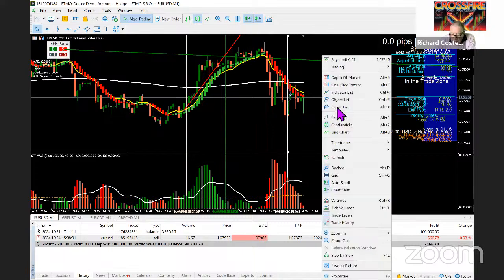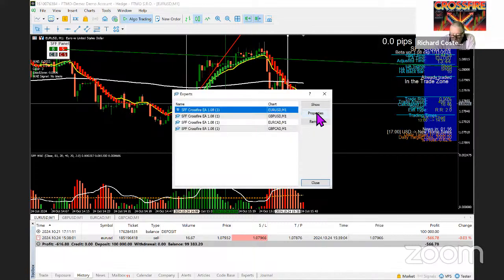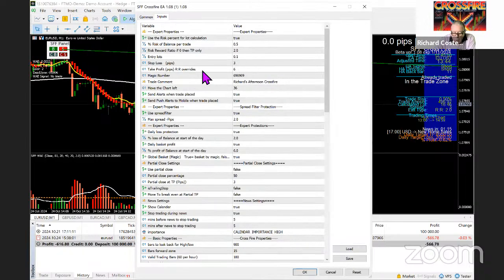Let's double check that. So on this pair, Euro USD, I've asked it to limit my loss to 0.5. It lost slightly more than that, because the stop loss I set at 3 pips actually moved to almost 3.5 pips. But that's because of the delay between my computer and my broker and the broker and the market. So there was a slight delay, and it went to more than 3 pips.